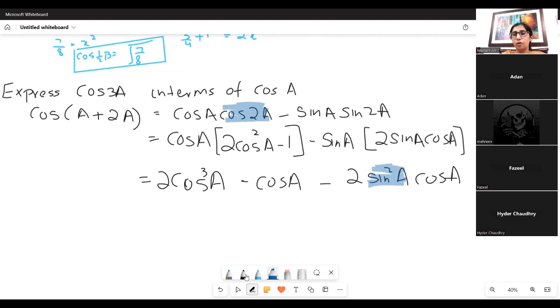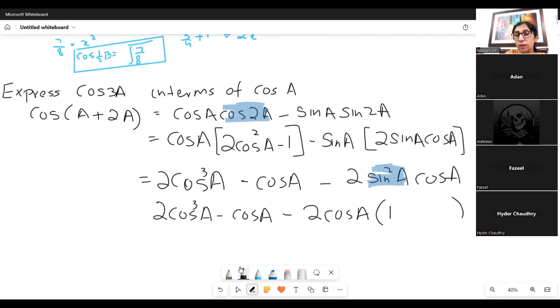Everything else is in the form of cos A. So this can be written as 2 cos cube A minus cos A minus 2 times cos A first, and then sine square A can be written as 1 minus cos square A. We know this from the identity we've learned in trigonometry: sine square theta plus cos square theta equals 1. So sine square theta equals 1 minus cos square theta.